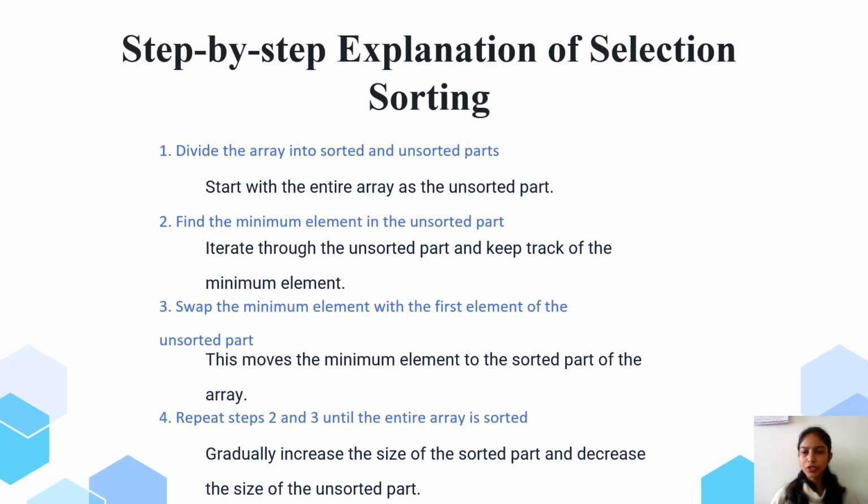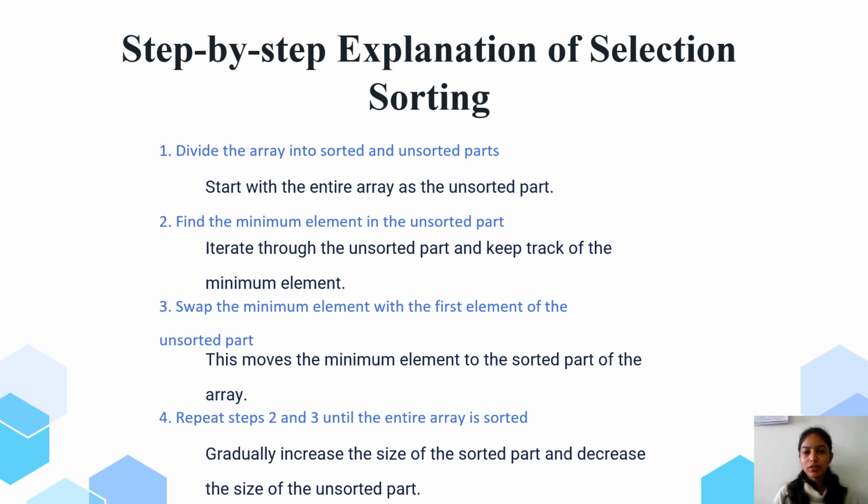Step-by-step explanation of selection sorting. Step 1: Divide the array into sorted and unsorted parts, starting with the entire array as the unsorted part. Step 2: Find the minimum element in the unsorted part by iterating through it and keeping track of the minimum element.